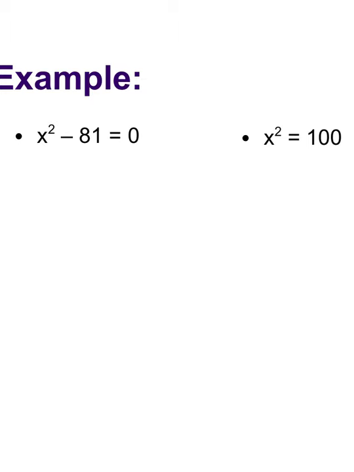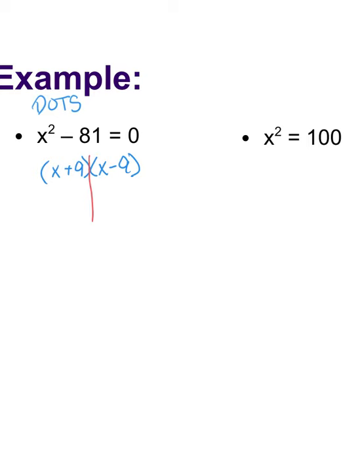If I wanted to look at this first equation, it's equal to 0. So if I want to factor this, I notice that this is the difference of two squares. So that factors to x plus 9 and x minus 9, because x is a perfect square and so is 81.